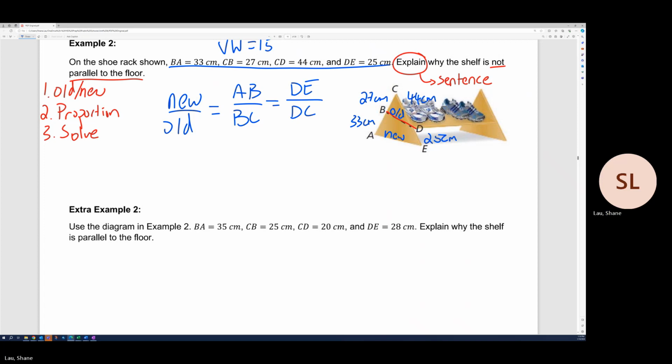Okay. Again, taking those same side segments, and we're using it for our example here. Because we know all these values, we can replace them. AB is 33, BC is 27, DE is 25, DC is 44.